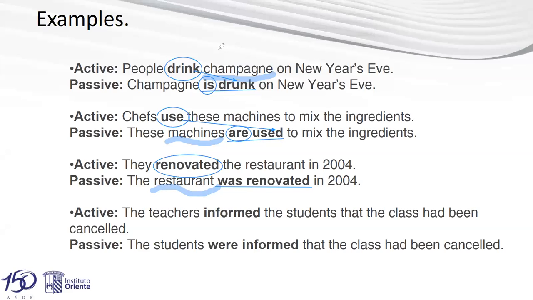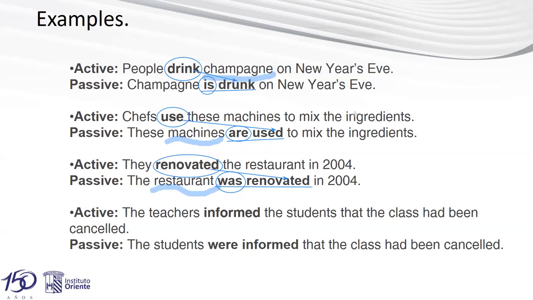Great. Was because it's past. Remember. And renovated because it's the past participle. You need the two elements. The verb to be in present or past, singular or plural. Is, are, present. Was, were, past.